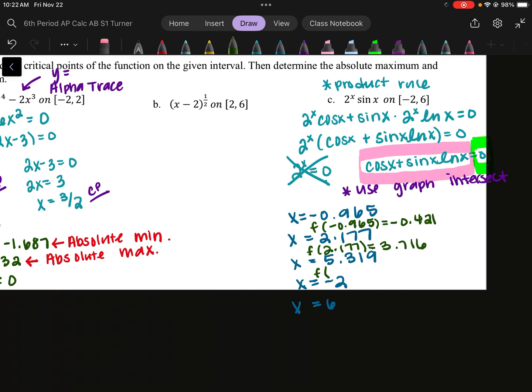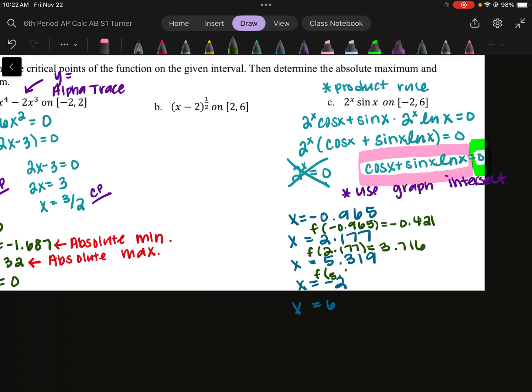When I plugged 5.319 into my calculator, I got negative 32.797. And then I'm testing those endpoints, so I'm plugging those back in. And then I am checking those to see which ones are going to be my absolute max and which ones are going to be my absolute min.